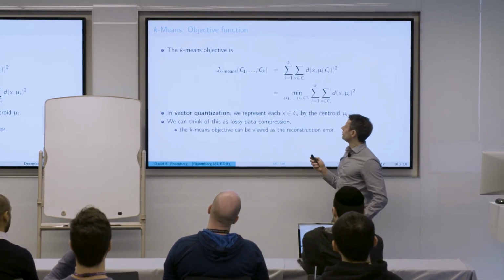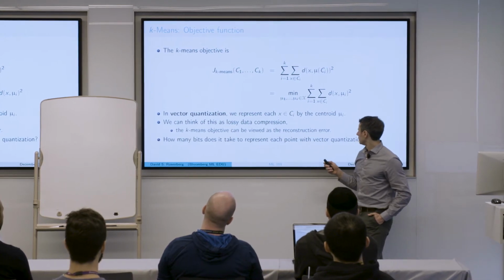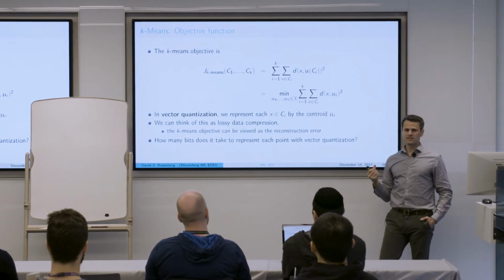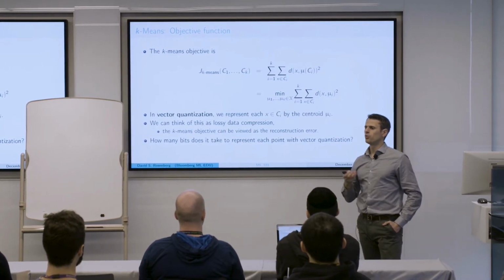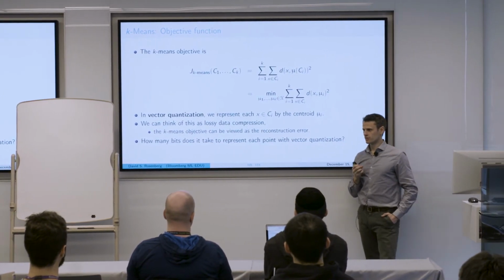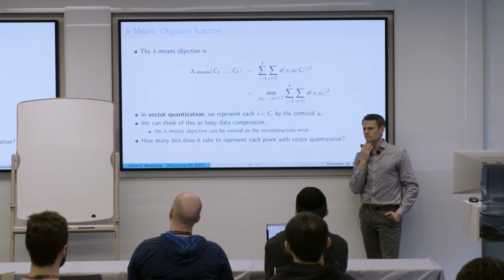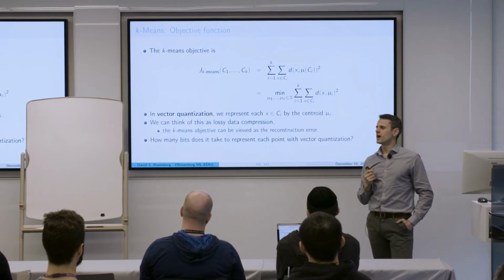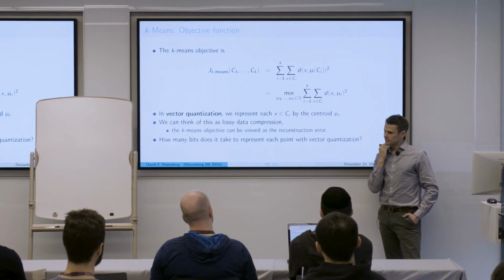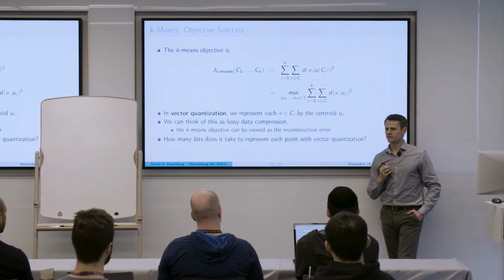So if we were to take this seriously as a lossy data compression, the question is, all right, how good can this be as a data compression scheme? How many bits are we going to need to represent a point if we use this vector quantization approach? So if you encode every x by the cluster center it's associated to, what would be a good way to represent these points? Log number of clusters?